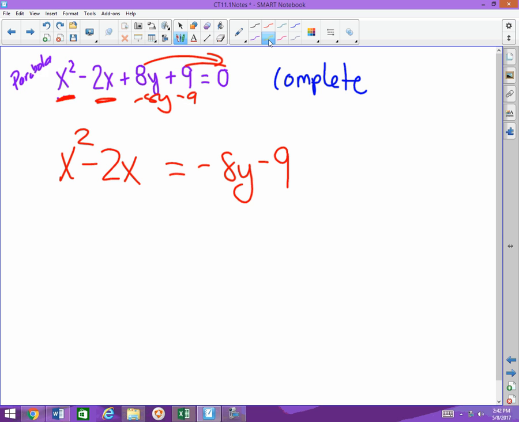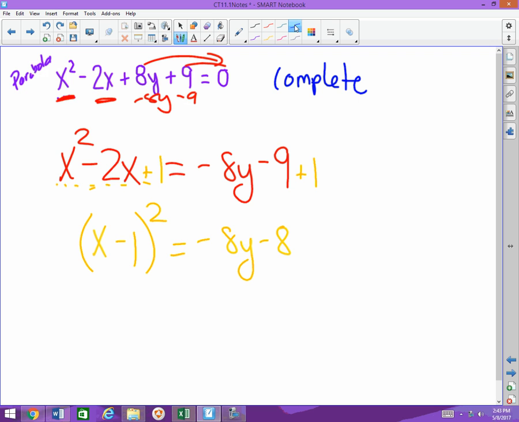Now we have to try to complete the square of this thing. So that would become x minus 1 squared, because divide that by 2 and you would get 1, which means in order for us to complete the square, we actually had to add 1 to this side of the equation, meaning we have to add 1 to that side of the equation, and we will get a negative 8y minus 8.